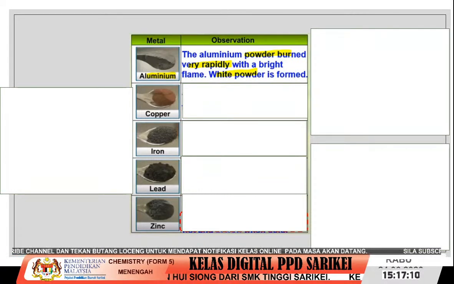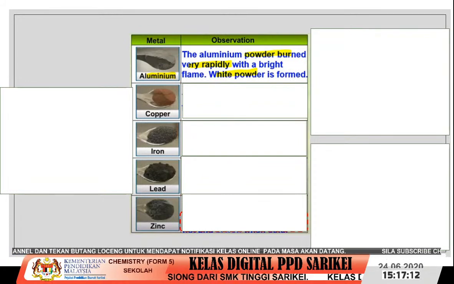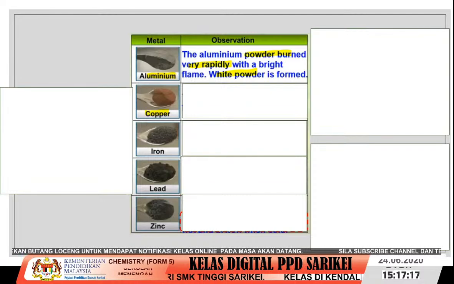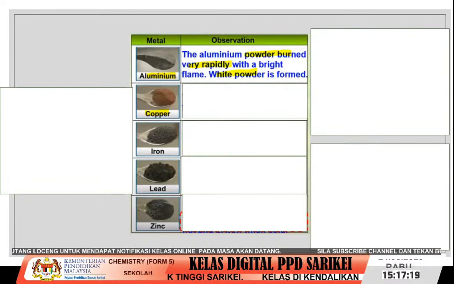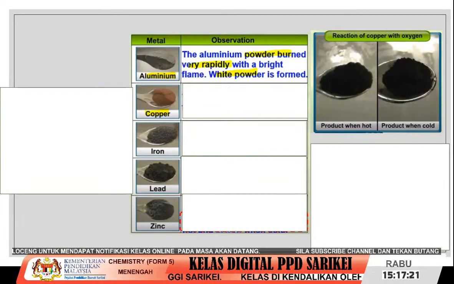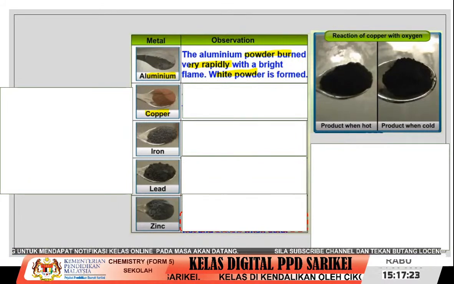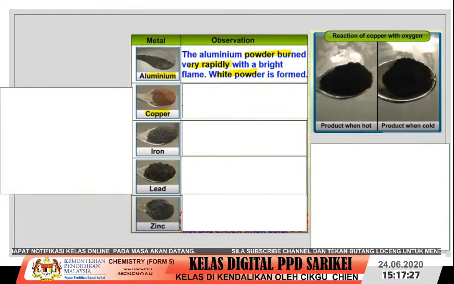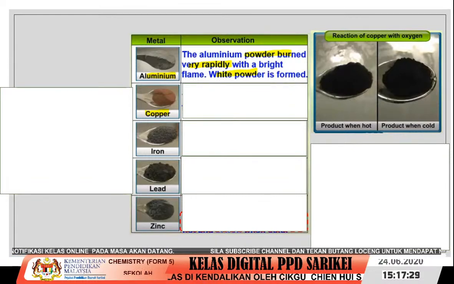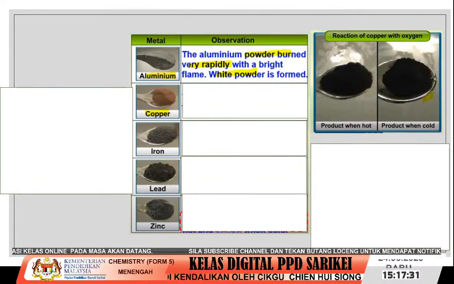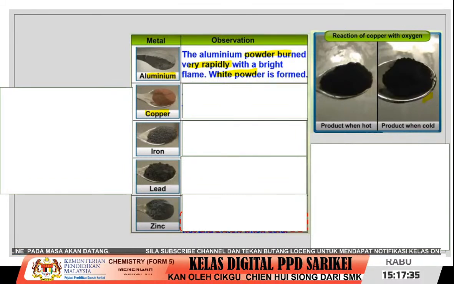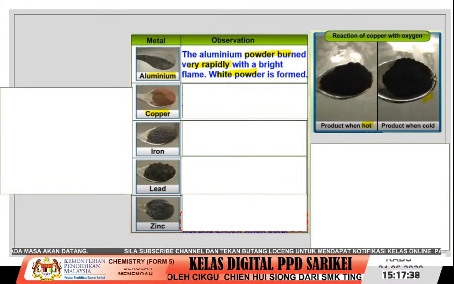Now we look at copper. The color of copper metal is brown, as you can see in the picture. The product formed from the reaction between copper and oxygen is black. The color of the product remains black in hot or cold.